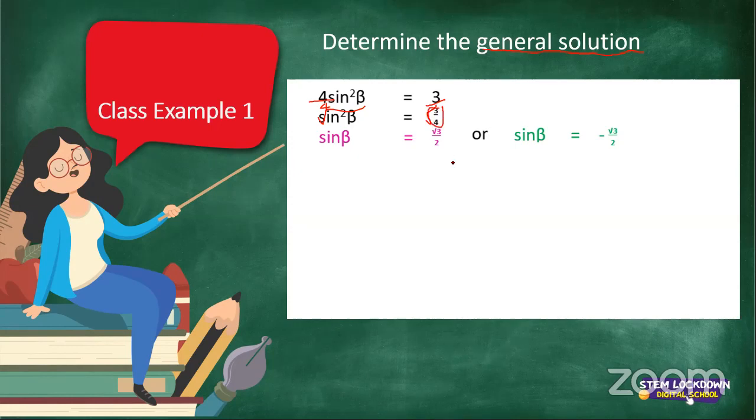What you could have also done, which in this case, because factorization is not that straightforward, I would not have advised, is to say 4 sine squared beta minus 3 is equal to 0. And then you could have said (2 sine beta minus square root of 3)(2 sine beta plus square root of 3).